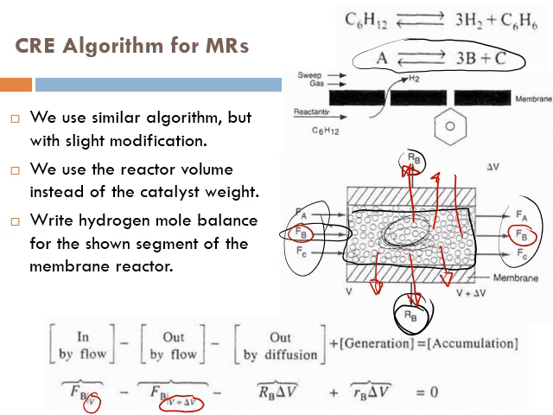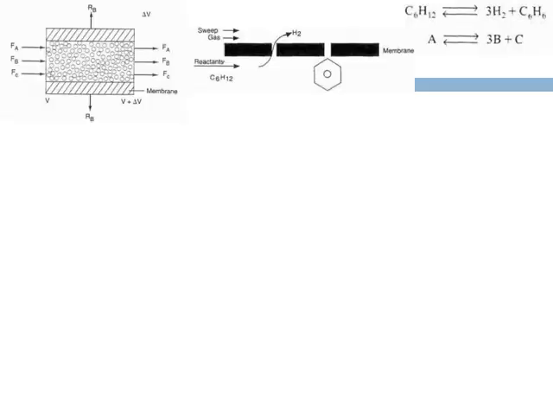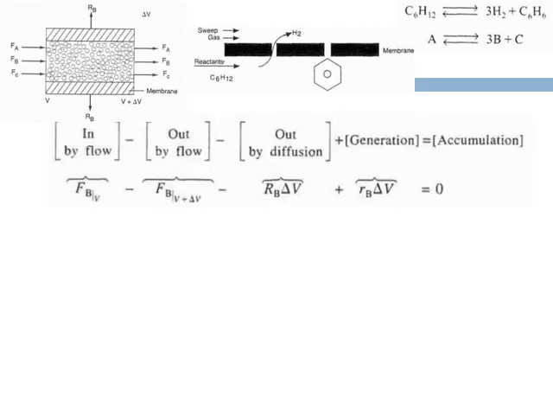So let's write the unit of RB. RB has the unit of moles of B diffusing per second per liter. Therefore, I'll need to multiply it by delta V.